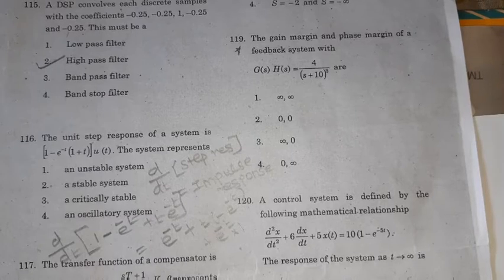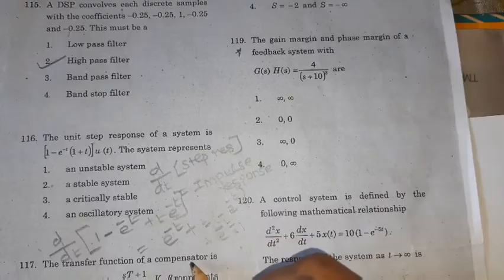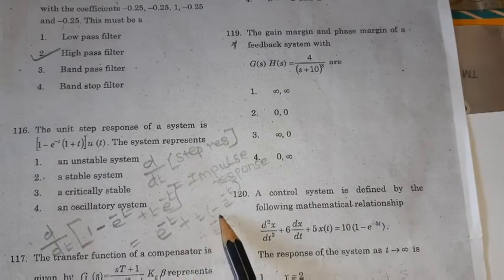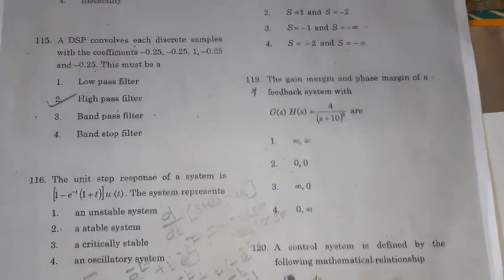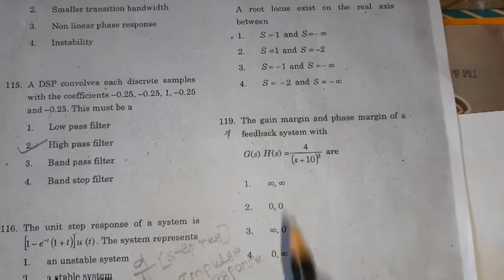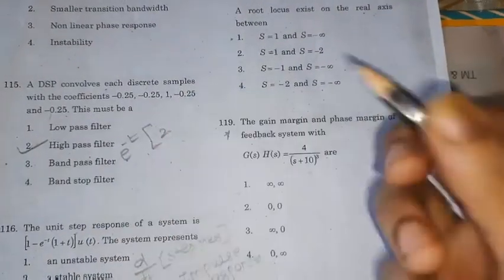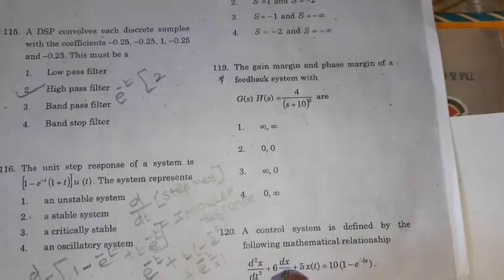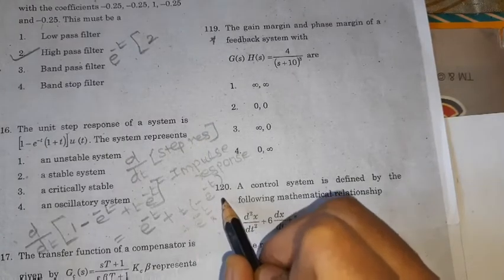Into 1, we get the same term. So e power minus t plus t into minus e power minus t plus e power minus t. Take e power minus t outside. What we get is 1 plus 1, 2, minus t.